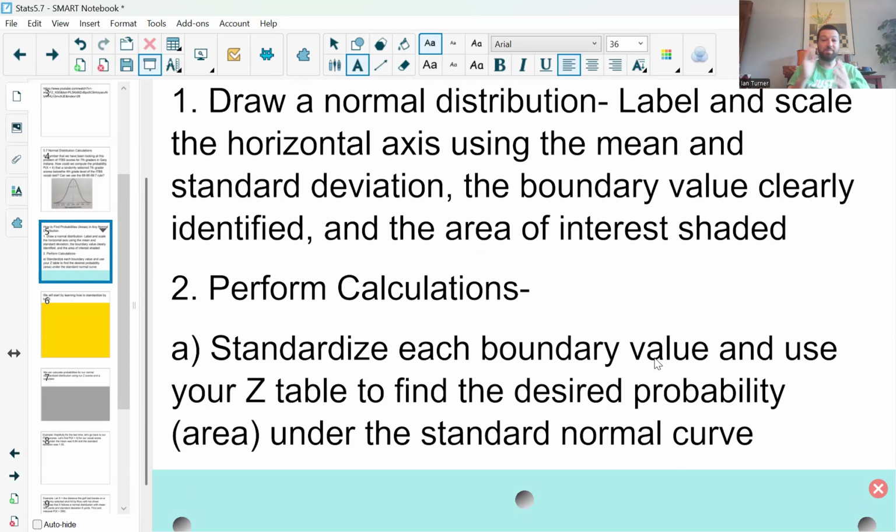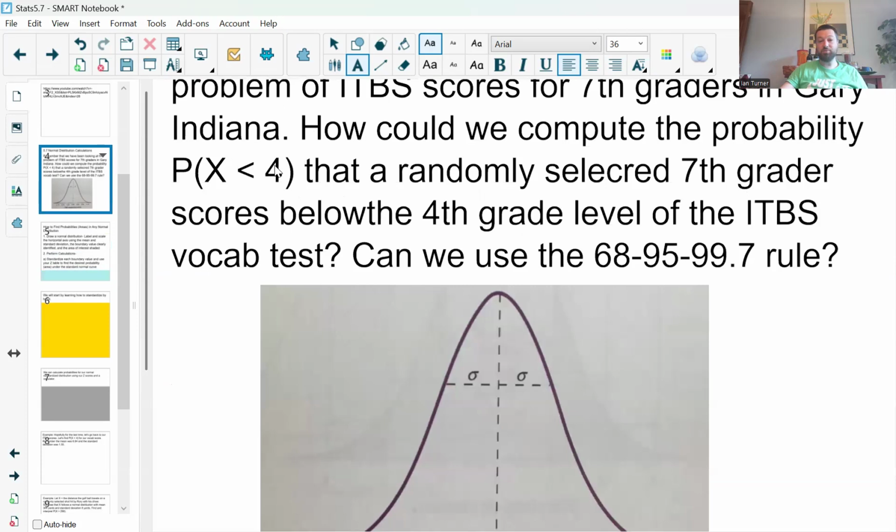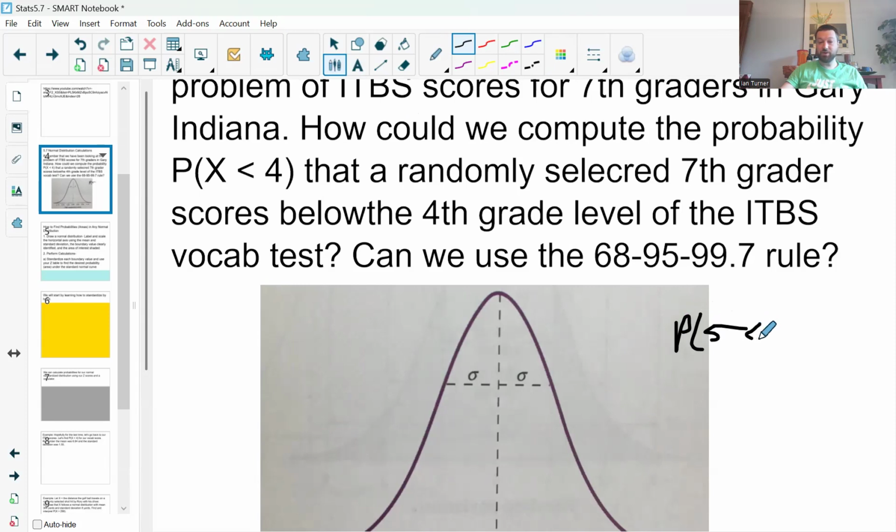Sometimes, like the one we just looked at, there is just one boundary because we just want x less than 4, so we only have to find the z value once. But if we had the probability where x is in between maybe 5 and 7, then we're going to have to standardize two things and look up two things on the z table. Not that that's that hard, but that's how it works.